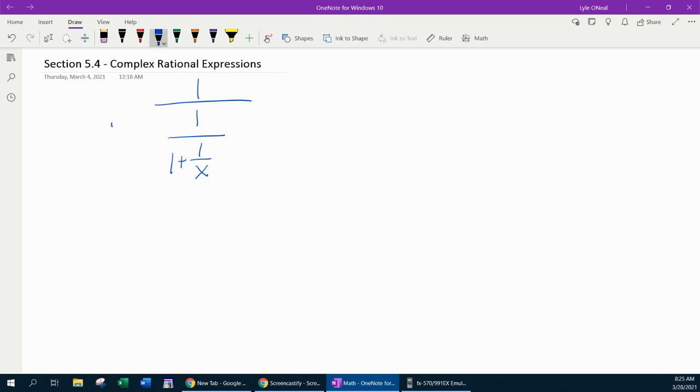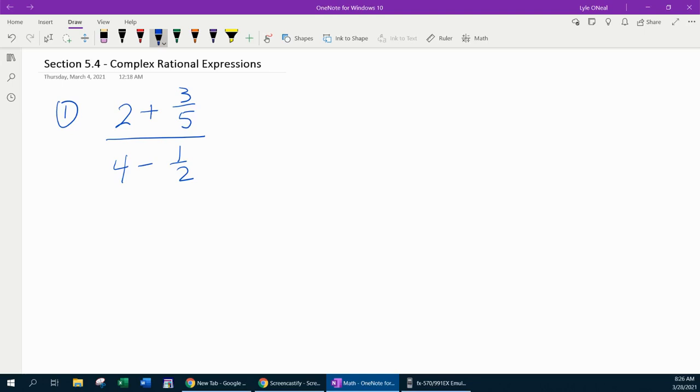Like the movie Inception, you can have a dream within a dream within a dream, even sometimes 3 levels deep. So that's what complex rational expressions are. It's kind of like fraction inception.